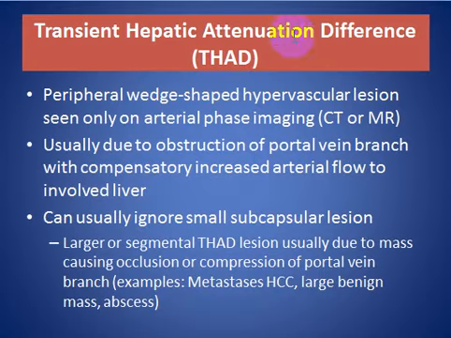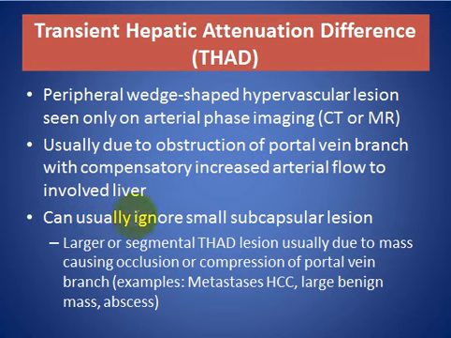Transient hepatic attenuation difference. THAD, a peripheral wedge-shaped hypervascular lesion seen in the arterial phase imaging, either CT or MRI. If it is an MRI, it is called THID. Usually due to obstruction of the portal vein branch with compensatory increased arterial flow to the involved liver.